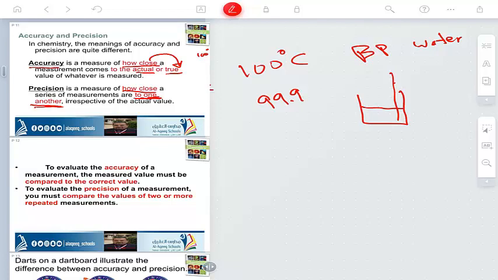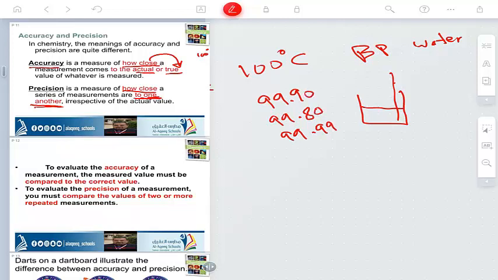Then you repeat the experiment again and you find 99.8. Then you repeat it and you find 99.99, and so on. Here 90, for example.